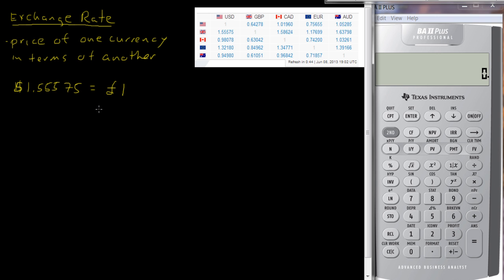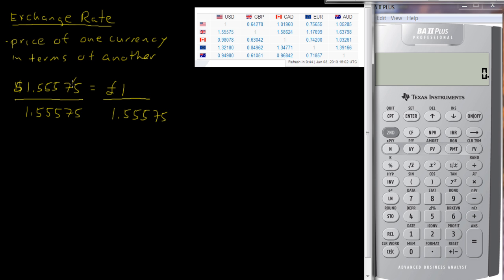Now, suppose you wanted to convert this to how many pounds does it take to buy 1 US dollar? Well, we can do that by dividing both sides by 1.55575.